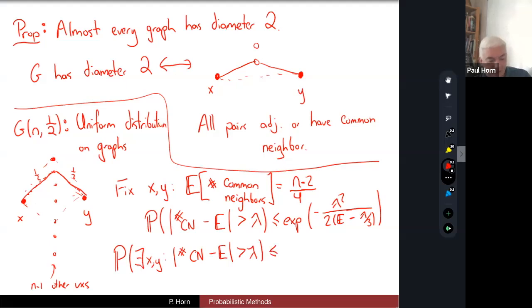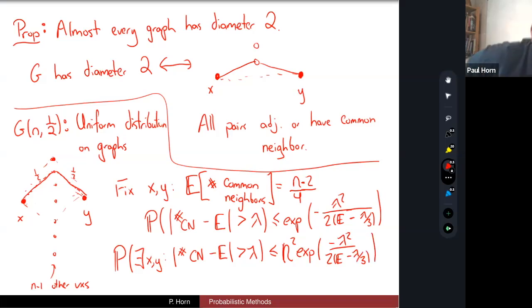Well, this is less than how many pairs are there? There are like n choose 2 pairs. I'm going to be lazy and just write n squared here. That's still an upper bound for n choose 2. Times e to the minus lambda squared over twice the expectation minus lambda over 3.